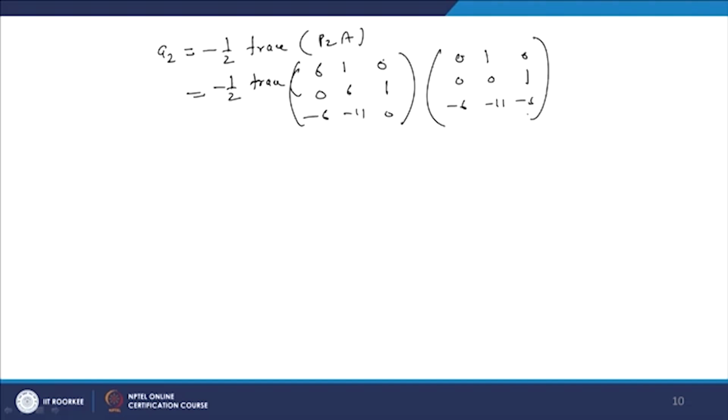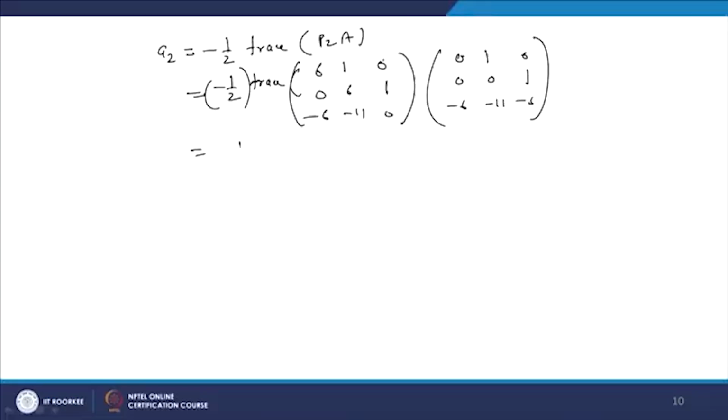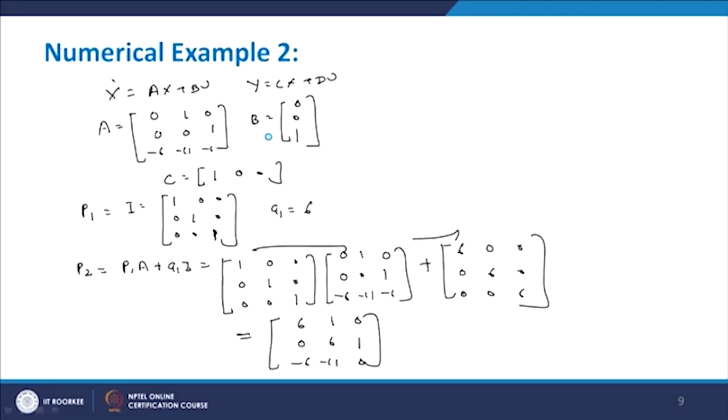Now you have to multiply this, take the trace, and multiply by minus 1 by 2, and after doing this you get the result 11. So A2 is 11. We have got P1, P2, A1, and A2.